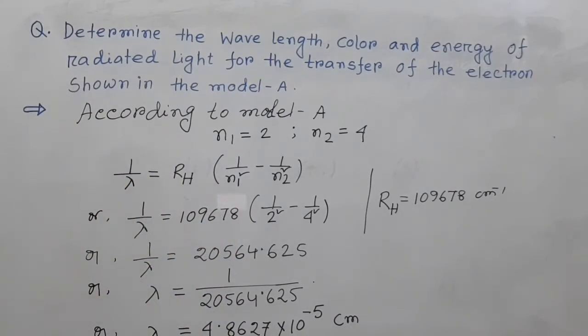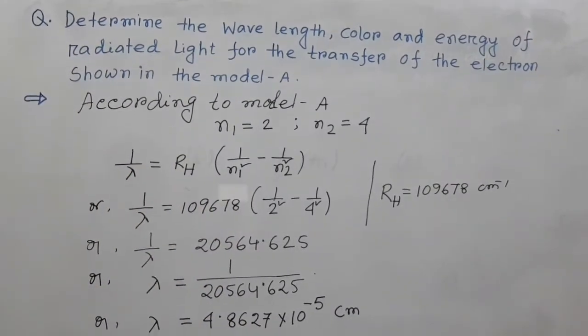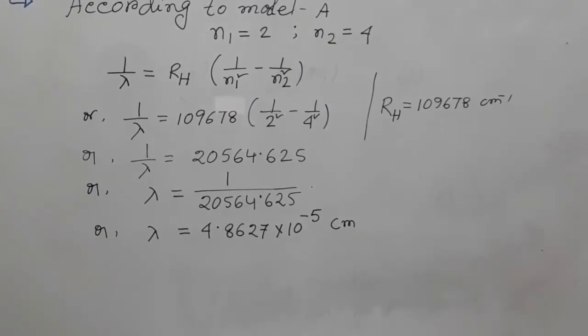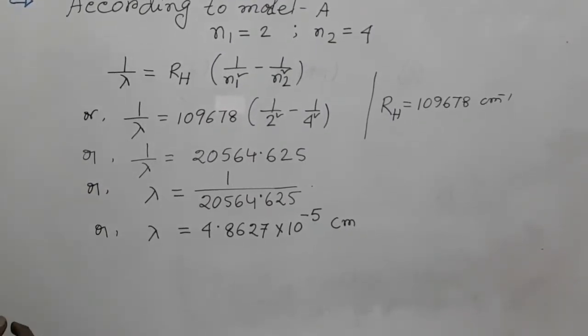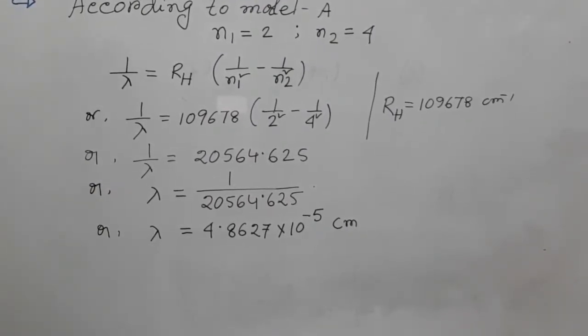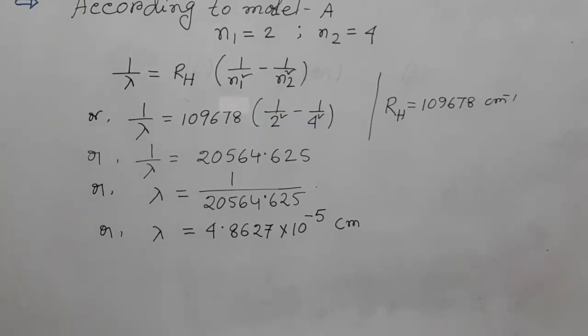So, the wavelength for the transition is 4.8627 into 10 to the power minus 5 centimeter.